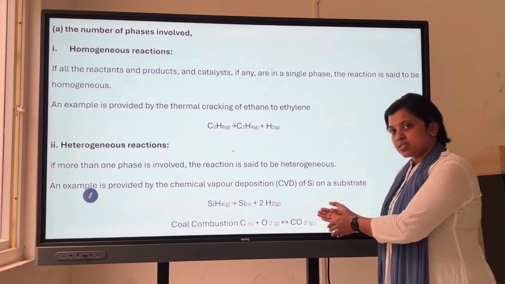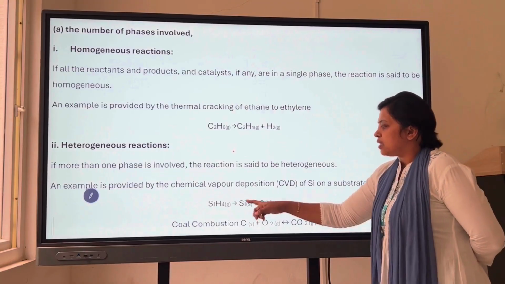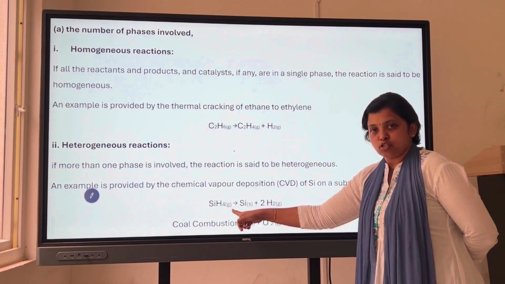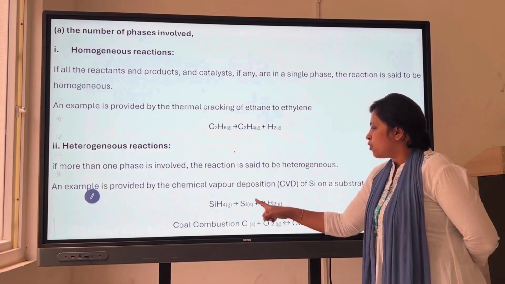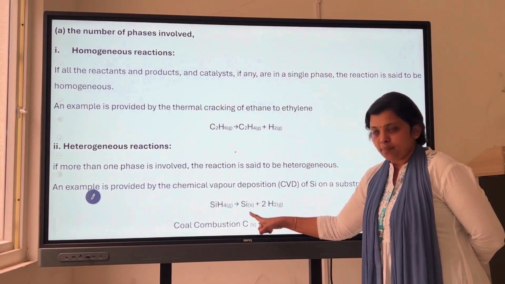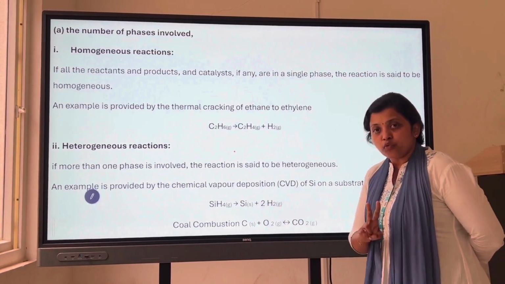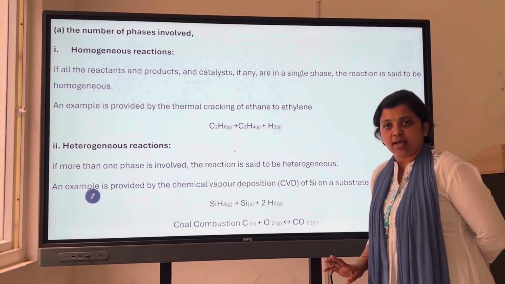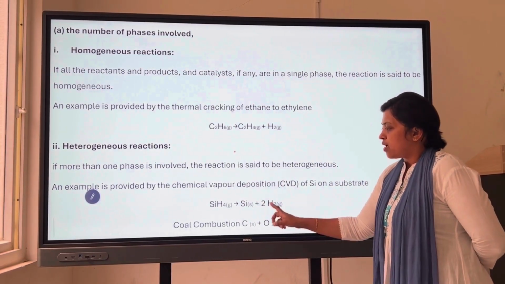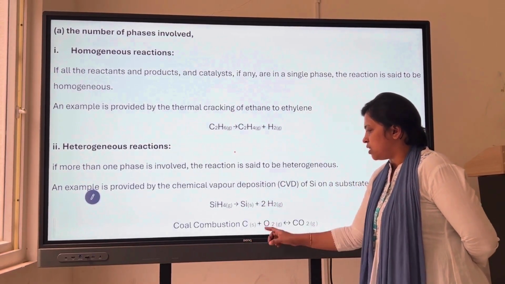Here I have listed examples also. This reactant is in gaseous form, one of the products is in solid form, and the other product is in gaseous form. So we have two phases, solid and gaseous. So this is heterogeneous.